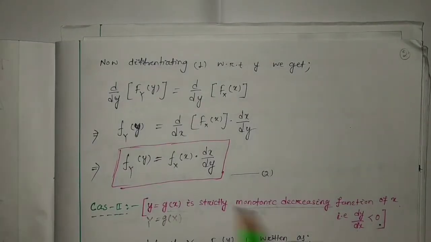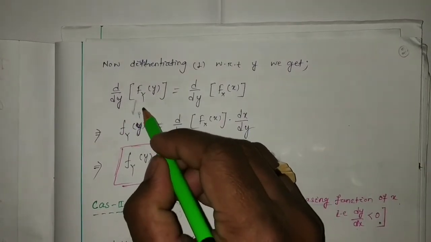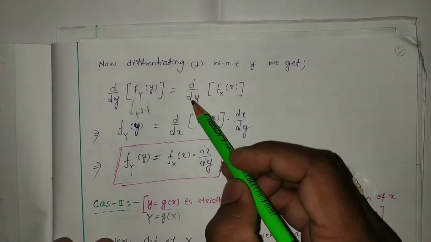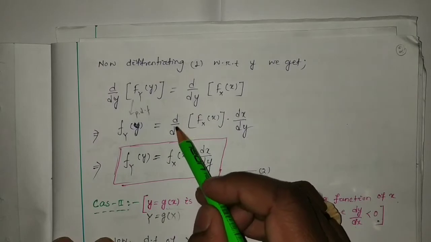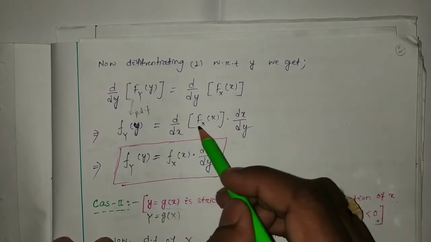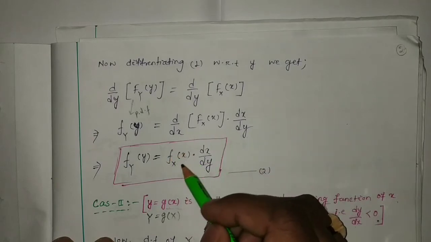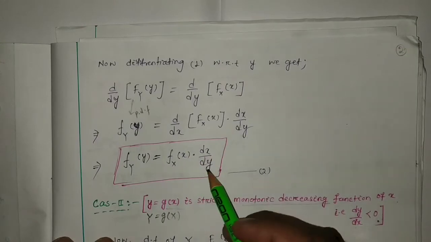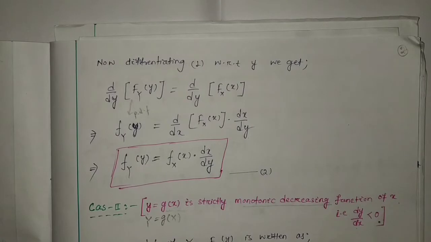Now this is nothing but the PDF of y, and here d by dy can be written as d by dx into dx by dy. So d by dx of the distribution function of x is nothing but the PDF of x into dx by dy. Let this be equation number 2.